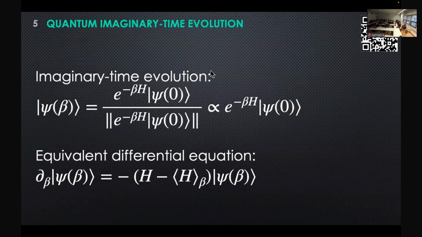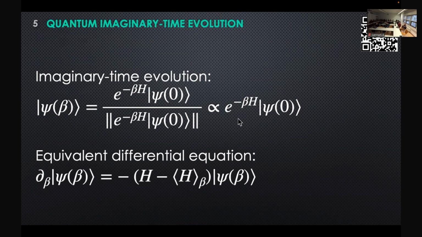Imaginary time evolution is a continuous evolution of the state by this parameter beta. And psi of beta should be proportional to exponential of minus beta H applied to psi of 0.